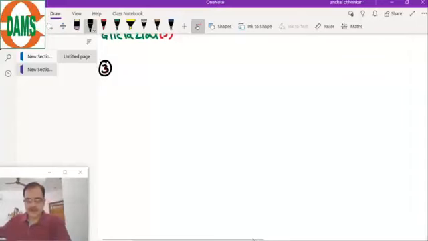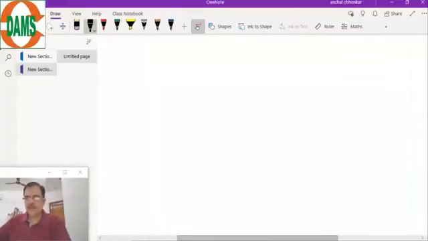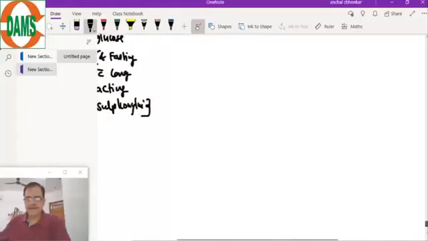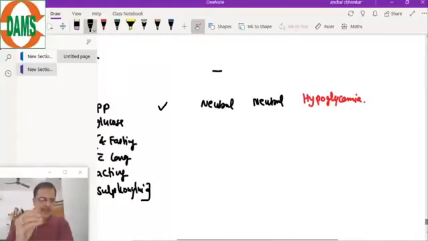On the weight profile, remember any drug which is increasing the insulin release will cause a weight gain.